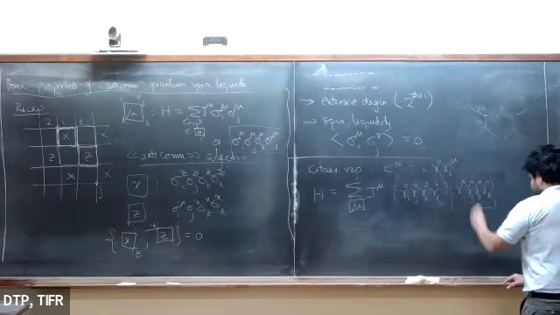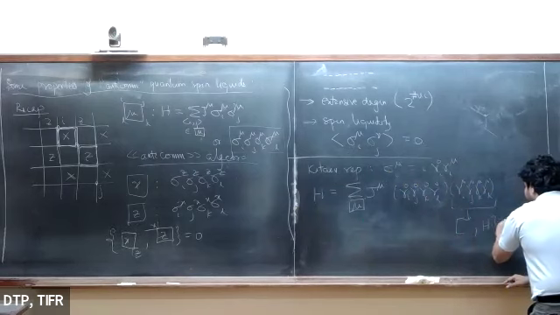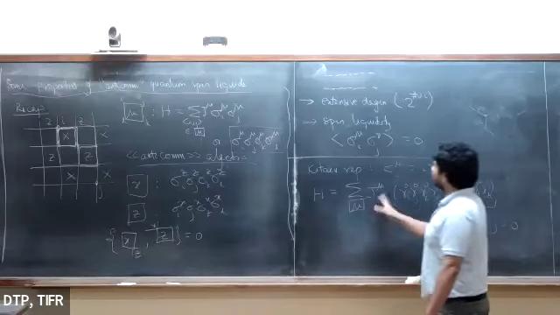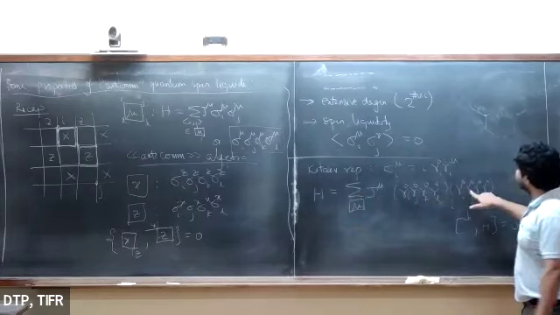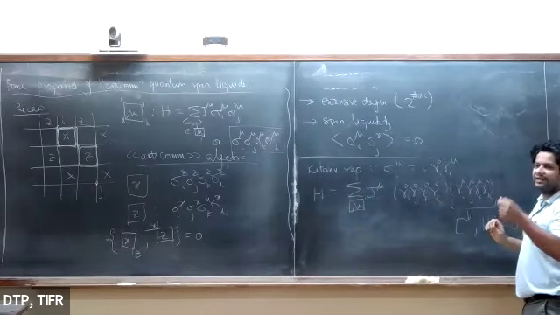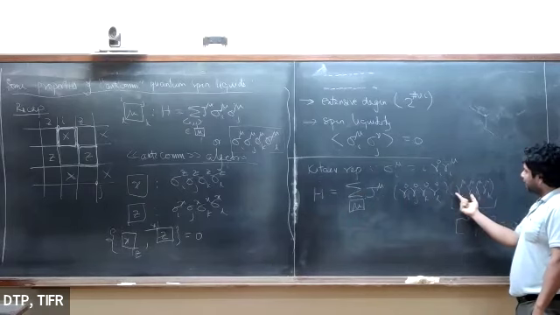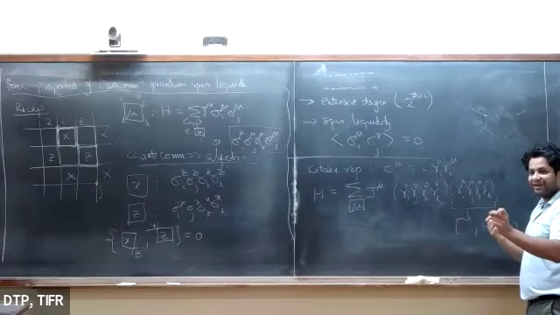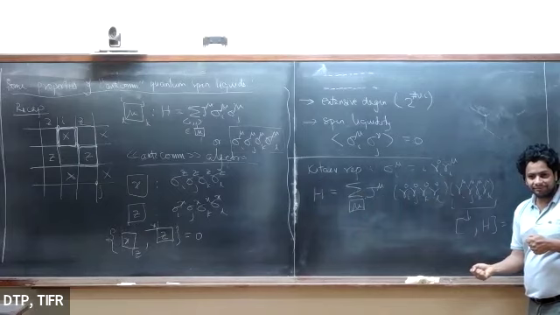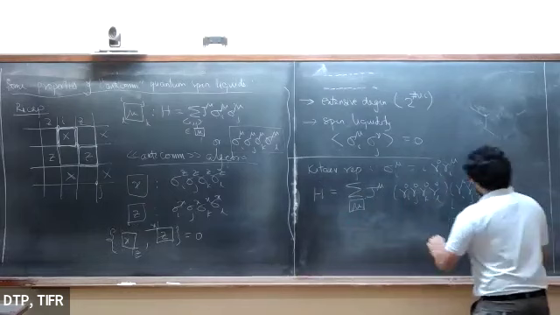So this object actually commutes with the Hamiltonian. Furthermore, from an X plaquette I get gamma X, gamma X, gamma X, gamma X, and from each Z plaquette I get gamma Z, gamma Z, gamma Z, gamma Z. But because these are fermions and you have an even number of anti-commutations, these conserved quantities actually commute with each other. So this is important.